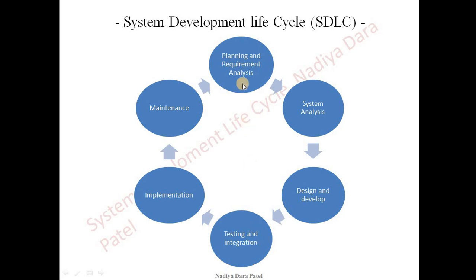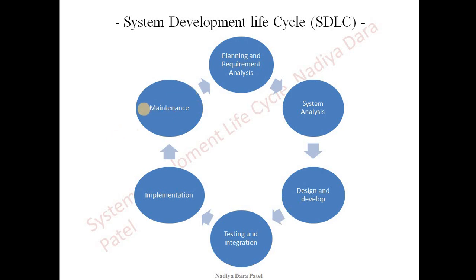Whichever requirements you have gathered, analyzed, and converted into design will be tested in this phase. Further, we have the phase of implementation, where the system will become live and productive. You can also say that the customer or the user will start using that system. And finally, we have the last phase of system maintenance, where the system will be maintained and used till the last day of its use.